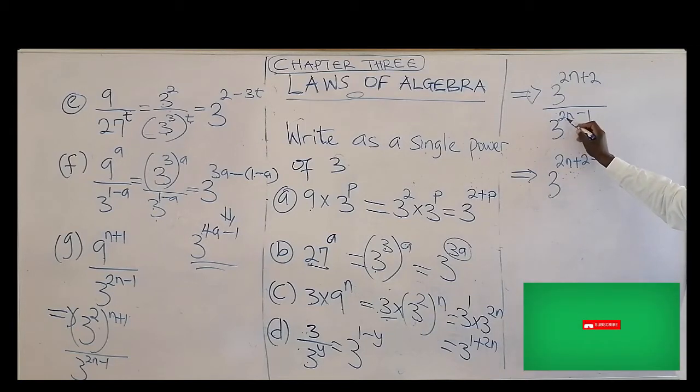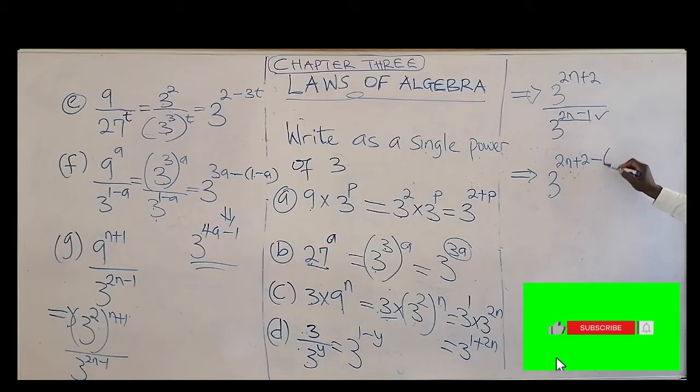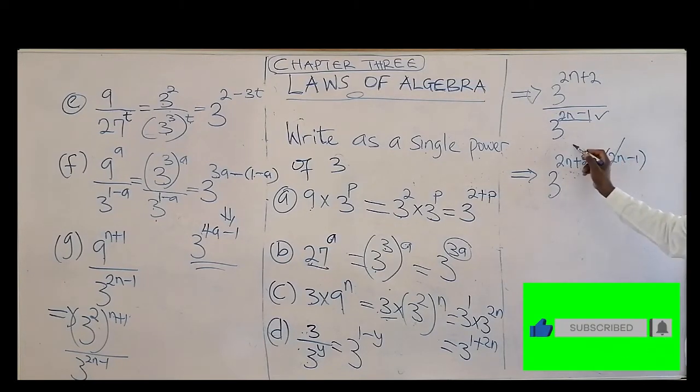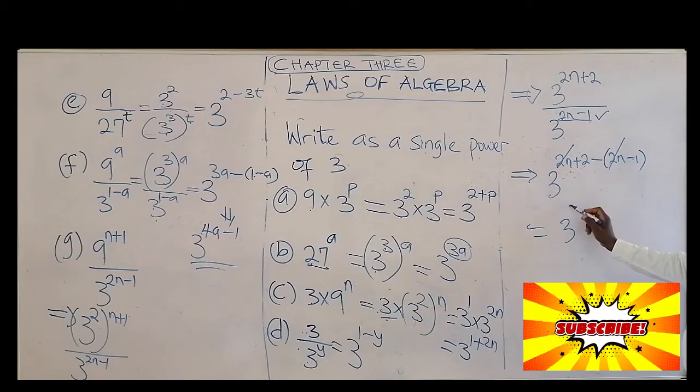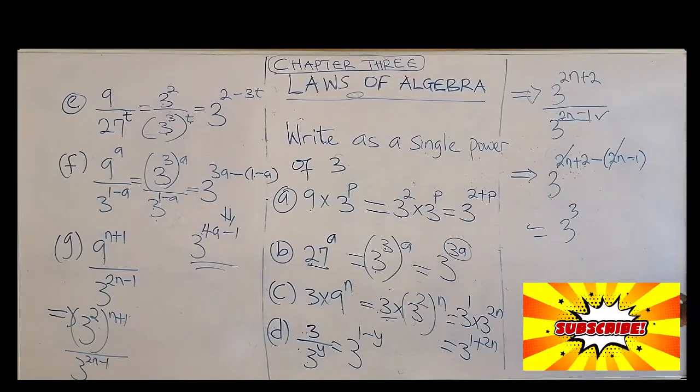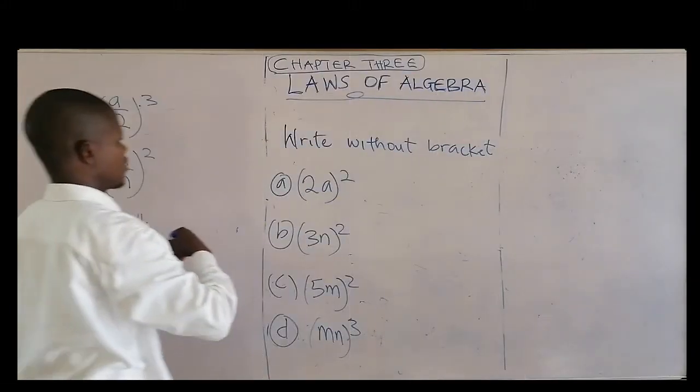We need to be very careful here. This is an expression, not a single entity. So you open your brackets: 2n minus 1. The 2n and 2n cancel, so we just have 3 to the power 2 minus 1, that becomes plus. So 2 plus 1, that's 3.